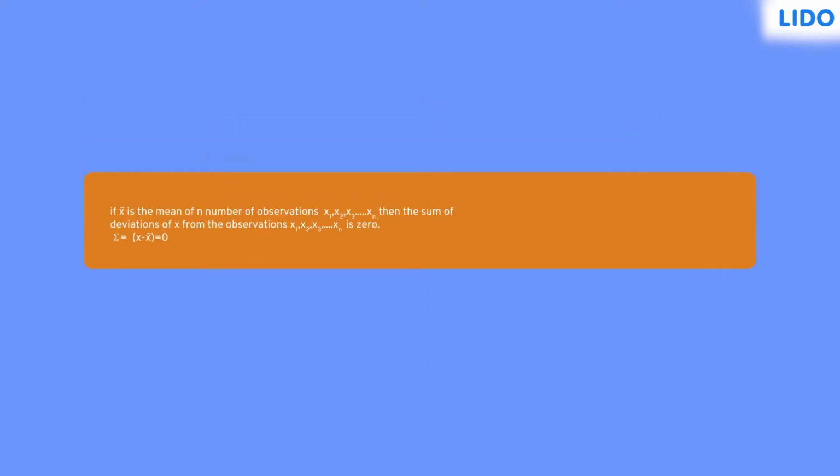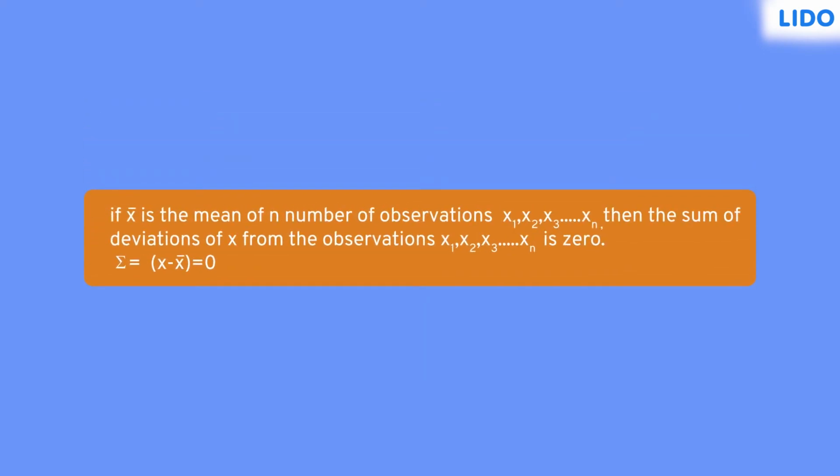Let's understand the properties of mean. The first property is the sum of deviations of observations from their mean is always 0. Let us understand with the help of an example. Suppose we have to find the mean of 31, 33, 34, 37, 39 and 48.